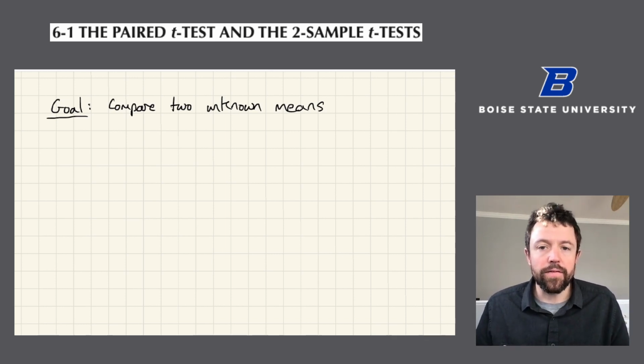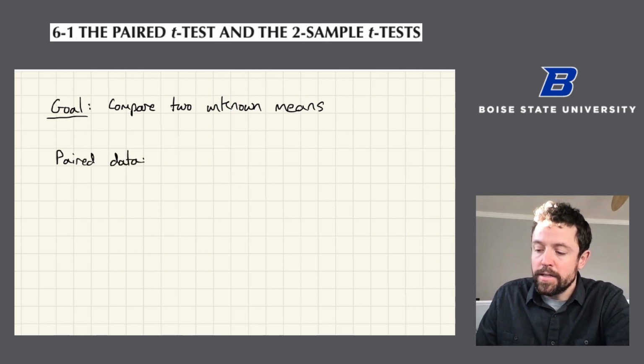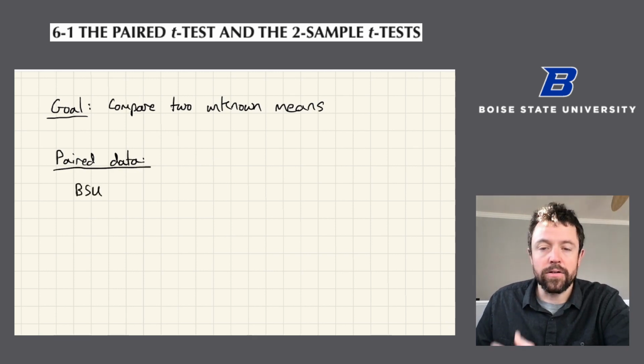The first is what's known as paired data, and it really comes down to how the data is collected. I'll just give you an example where this would show up. Let's say that the Boise State track team wants to compare 2 running shoes for their runners who are running the mile.